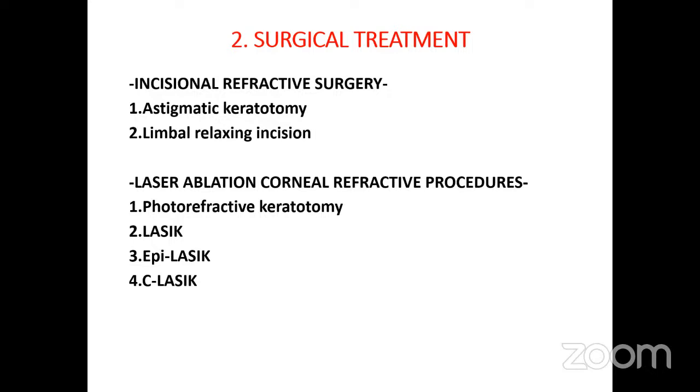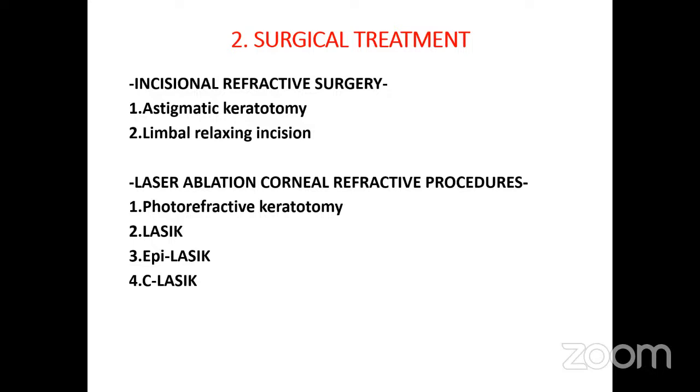Now for laser ablation procedures, which types of astigmatism are easier to treat? Simple myopic and compound myopic are easier to treat because we don't need to treat any hyperopic component.